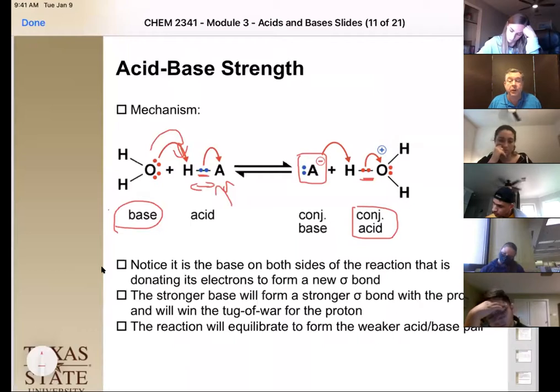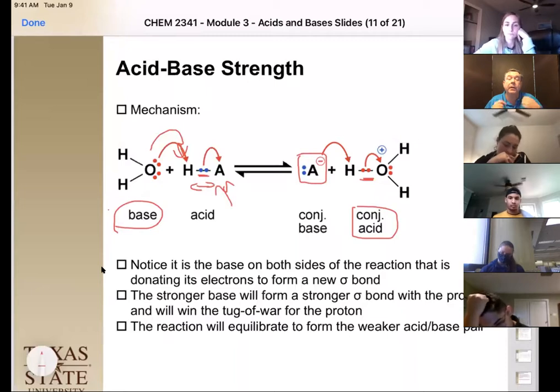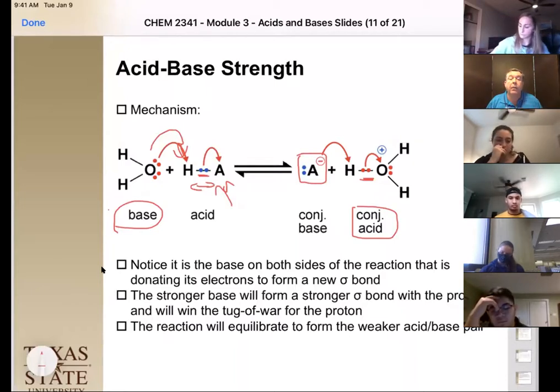Now that we know that this Lewis acid-base is going back and forth by sharing these electrons, by looking at the strength of the sigma bond, we will know which way the proton will go.